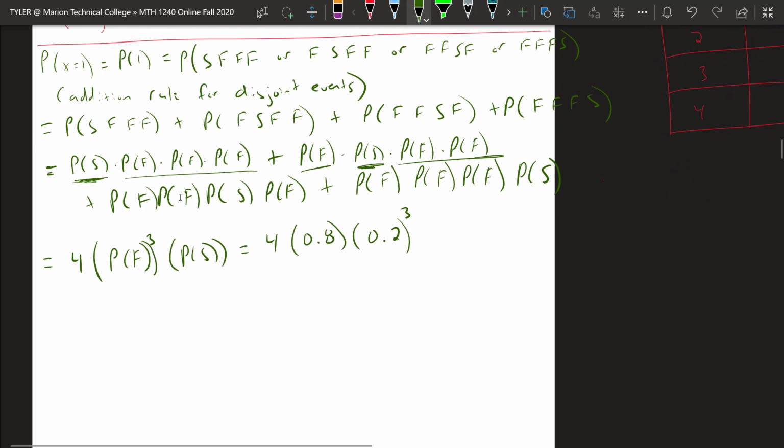When I wrote this, I just wrote it as 4 times the probability of S times the probability of F raised to the third power. We can do that because of the commutative property of multiplication. It doesn't matter the order we multiply things in. So when I go to simplify that, you can plug that in your calculator. You should get 0.0256.